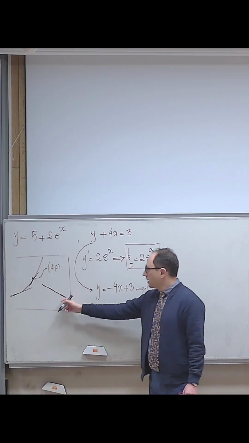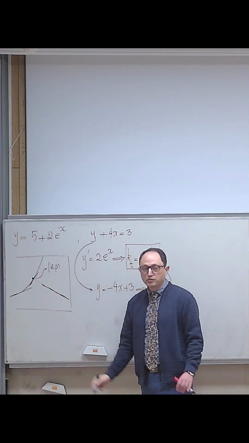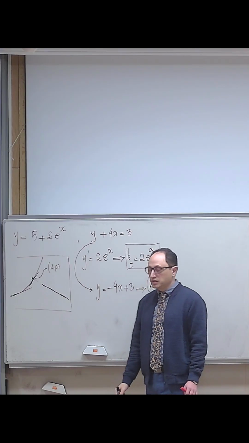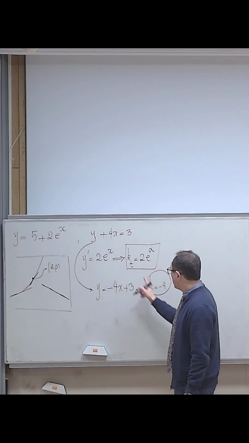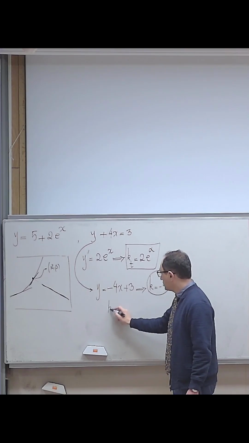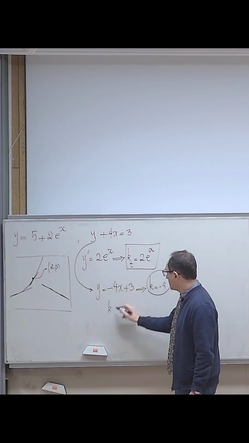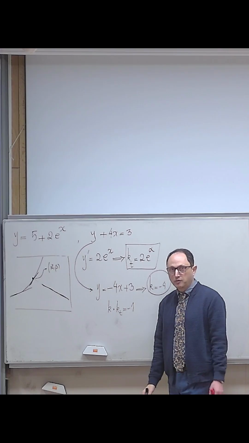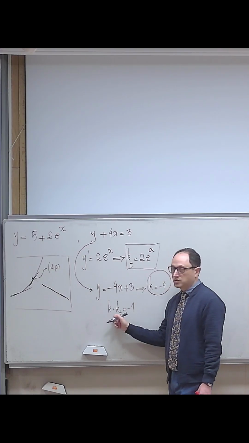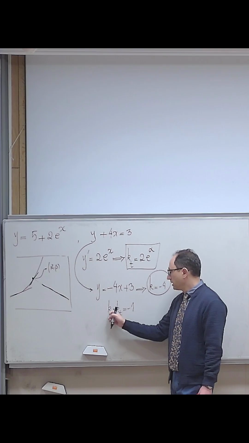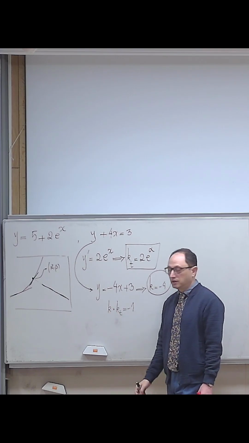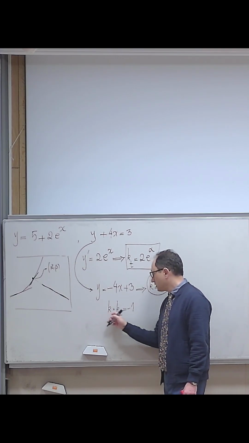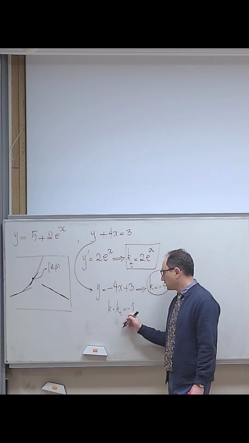I know this line and the tangent line are supposed to be perpendicular. So this means that if I multiply the k-value of this line times the k-value of the tangent line, it should be minus 1. This is a famous result. For example, in the Swedish system, they study it in Math 2C. So we know that if two lines are perpendicular, the product of the slopes of the lines should be minus 1.